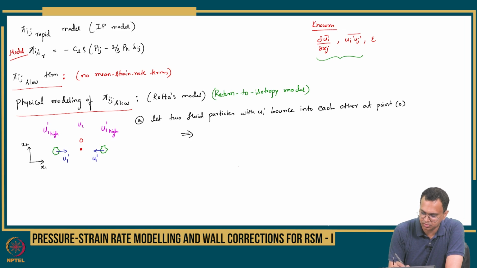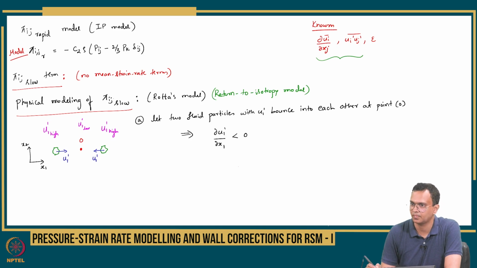So this will be u1 low at the collision. What will happen to the gradient dou u1 prime by dou x1? Is it positive, negative? Negative, right? So when this collision occurs, this gradient will be negative.